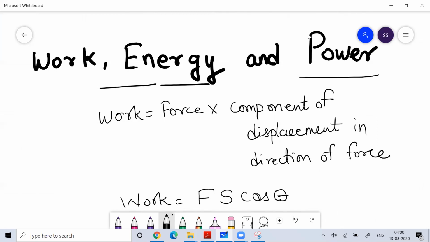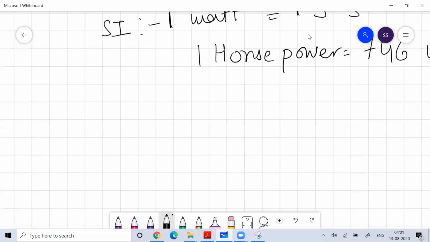And force is equal to mass into acceleration, and force is a vector quantity. The unit of force you can use is Newton or dyne. Newton is the SI unit, while dyne is the CGS unit, where one Newton is equal to 10 to the power 5 dyne.